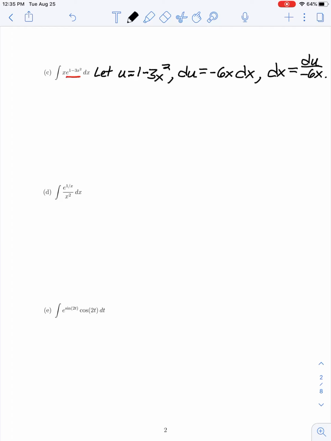All right. So let's take a look at what we have. Now our integral that we started with was x e to the 1 minus 3x squared dx, which we're going to rewrite in terms of u. So we have x e now to the u power, since the exponent, 1 minus 3x squared, is what we were calling u.